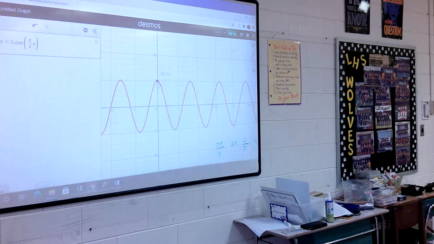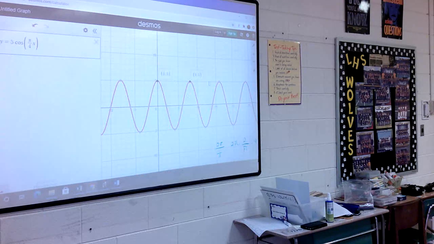It's actually going to cross at 5 on this one because of that amplitude of 5. The pi over 4, so if we click here and we click here, 2 pi divided by pi over 4 would be 2 pi times 4 over pi. So the pi's would cancel out, and 2 times 4 is 8. So you see our period would be 8.